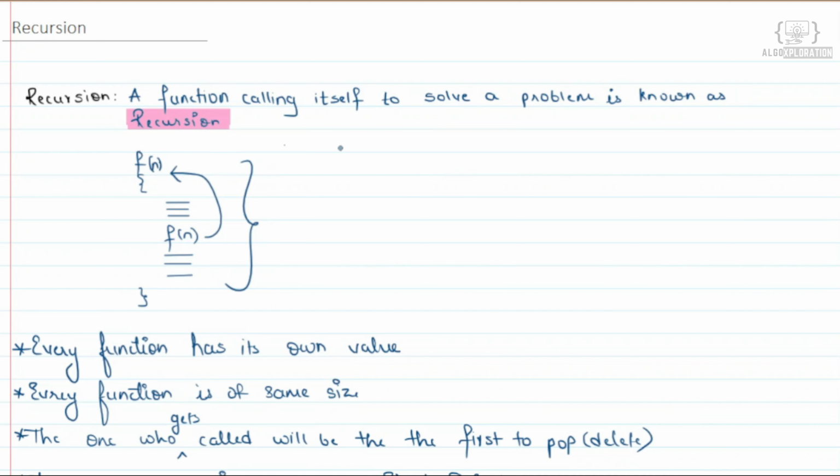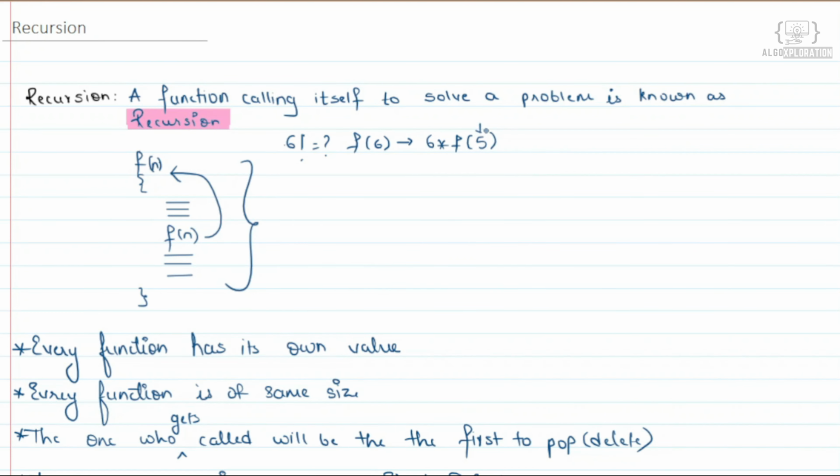Now let's see with an example. Here we want to find the factorial of a number, that is 6. Now, how does recursion actually help us solve a problem, let's say here to find the factorial? When we call f of 6, it will do 6 into f of 5.